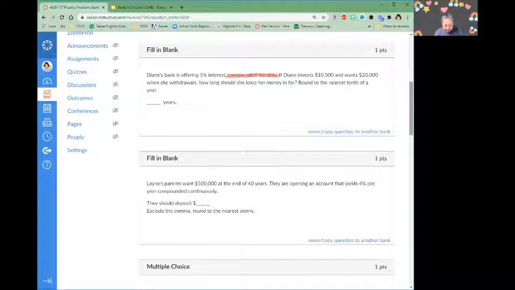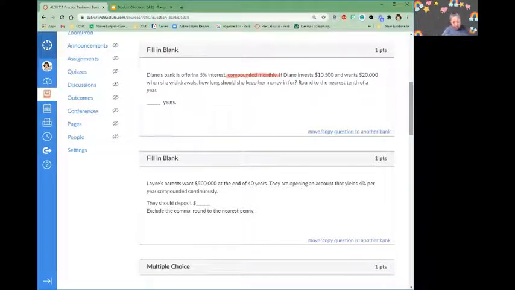If Diane invests 10,500 and wants $20,000 when she withdraws, how long should she keep her money in? Round to the nearest 10th of a year.